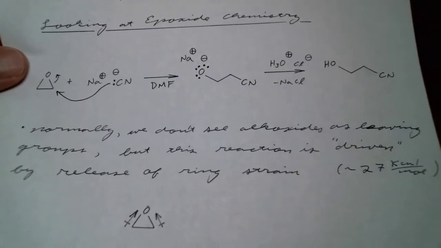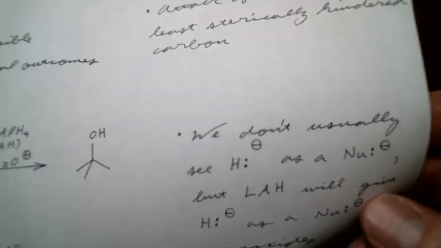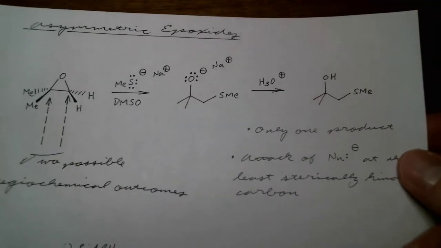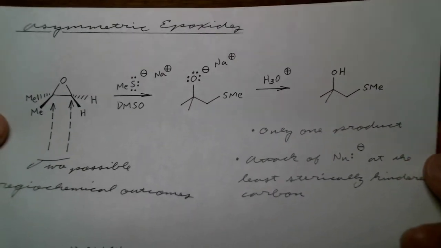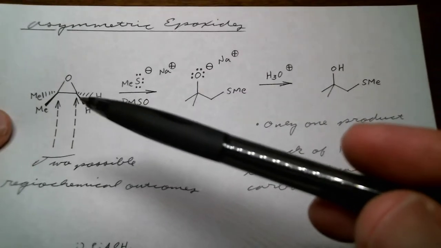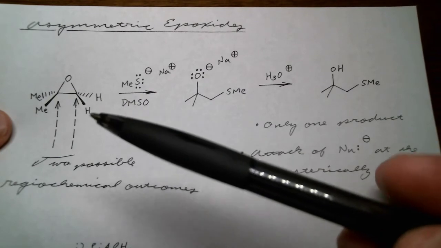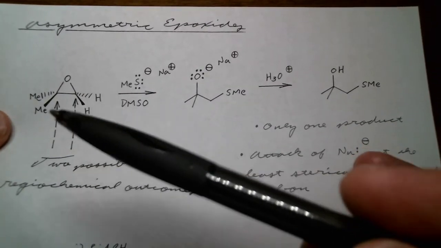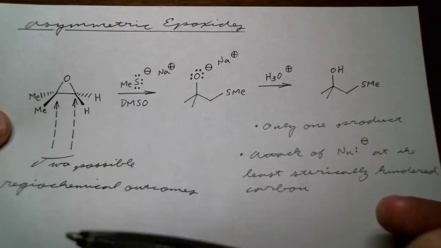So let's look at asymmetric epoxides. So what do I mean by asymmetric epoxides? Well, with ethylene oxide, we had a CH2 on either side. This time, we've got a CH2 and a carbon bonded to 2 methyl groups.